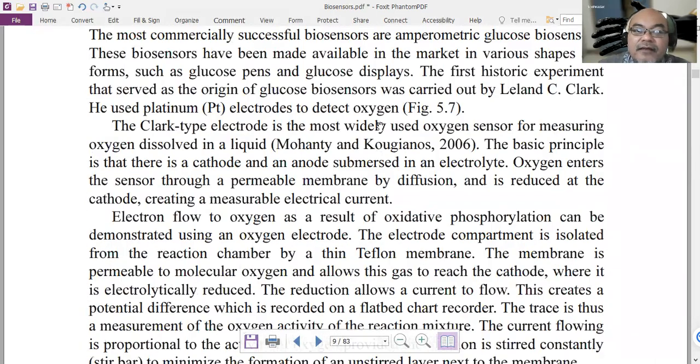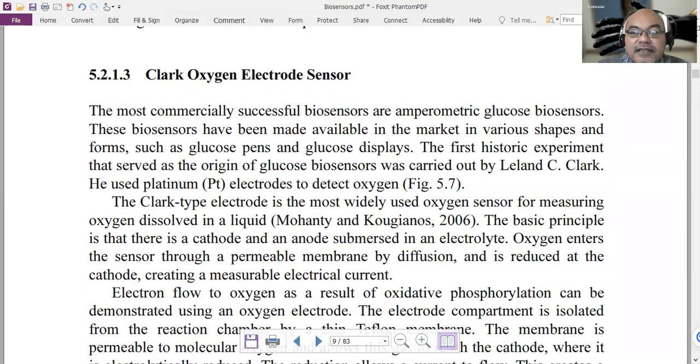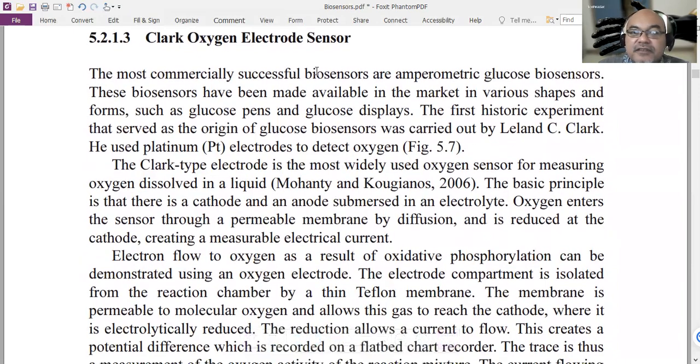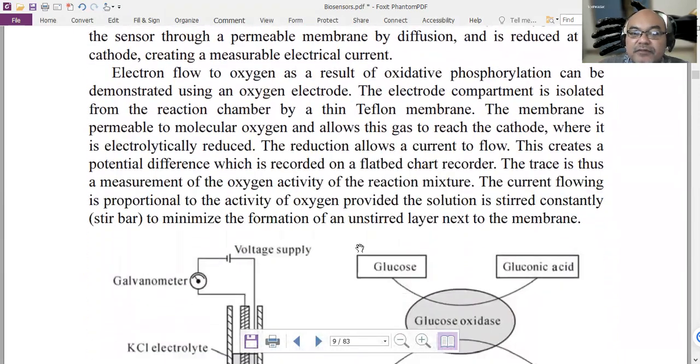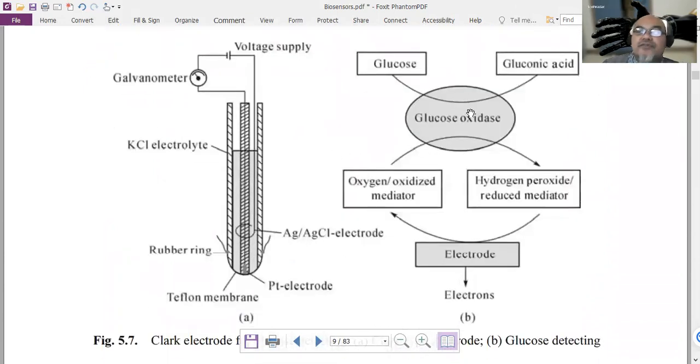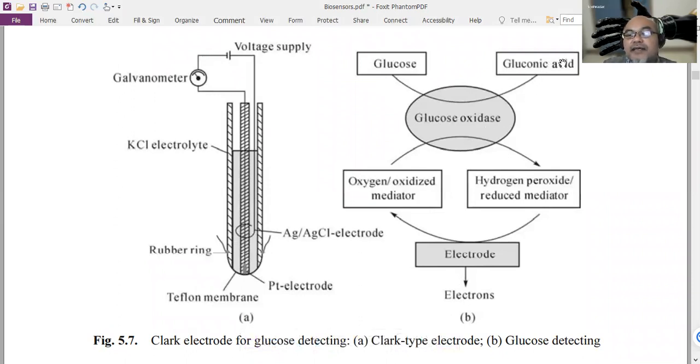So this Clark oxygen electrode sensor is one of the most commercially successful biosensors for glucose, using glucose oxidase. The glucose will be oxidized by glucose oxidase to become gluconic acid, and it will use oxygen to do the oxidation, and then it reacts with H2O to become hydrogen peroxide, the reduced mediator.